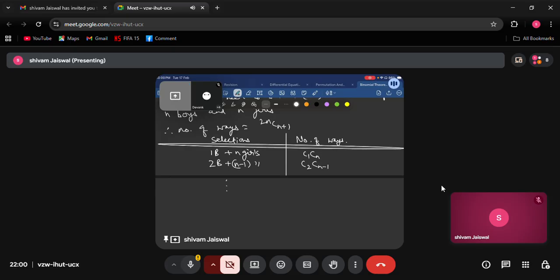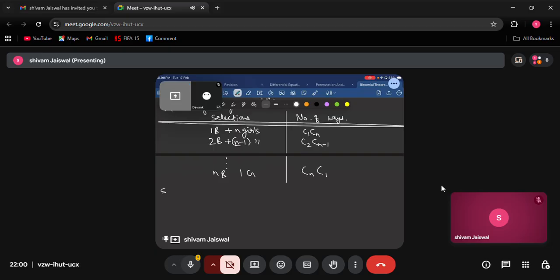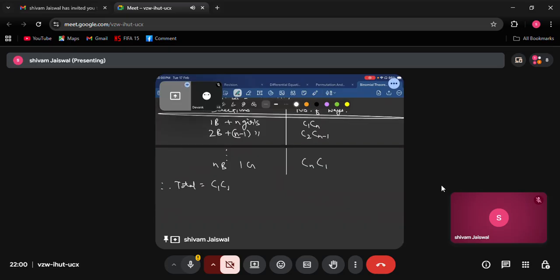It can happen that you have selected n boys and one girl, done in nCn into nC1. So the total is nC1 nC(n-1) plus nC2 nC(n-2) plus dot dot dot plus nCn nC1, which is equal to 2nC(n+1).